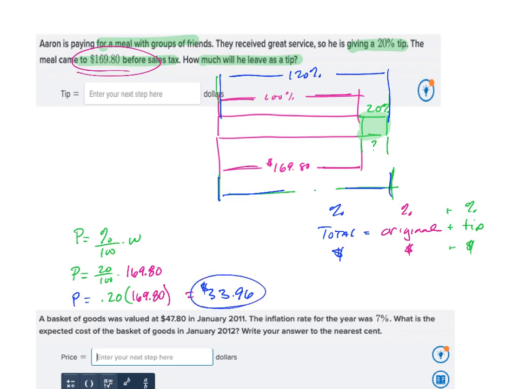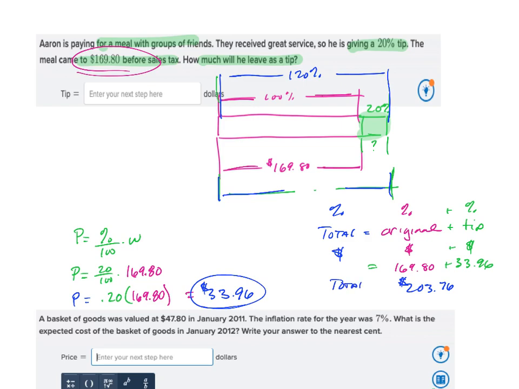The tip in dollars is $33.96, and so you would add $33.96 to the total cost, the $169.80 plus the tip, which is $33.96, which would give us $203.76. Okay, that's how we would have figured out the total.